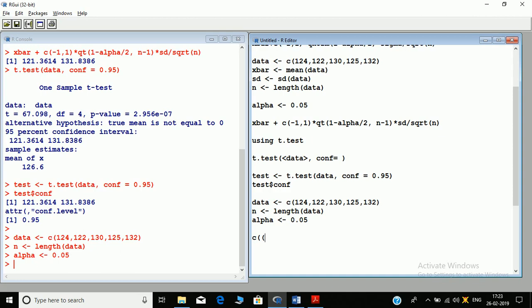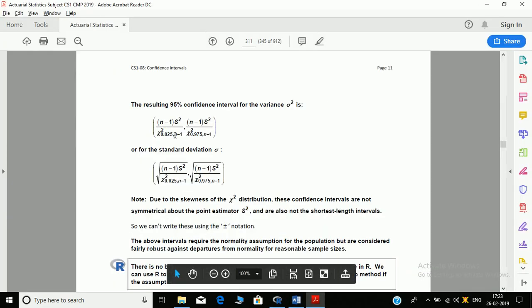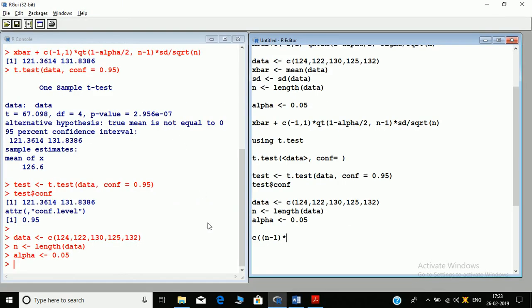It is (n minus 1) times the sample variance, which we get from var of data, divided by the chi square quantile, qchisq of 1 minus alpha by 2, with degrees of freedom df equals n minus 1.